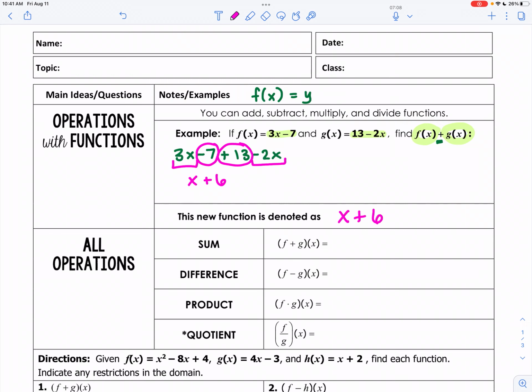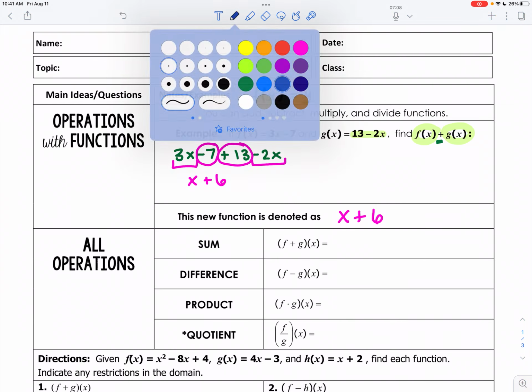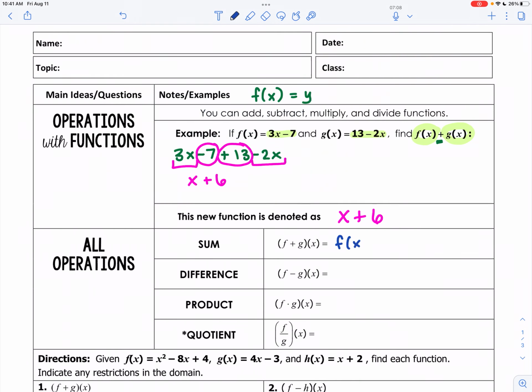So we can see here for our operations, anytime you see f plus g of x, that's exactly the same thing as f of x plus g of x. When you see f minus g of x, that's the same as f of x minus, now here's where we want to be careful, I'm going to put parentheses around this g of x.